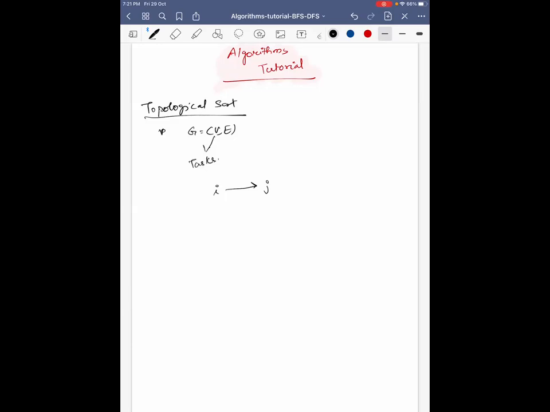Now, first of all, tell me, suppose G is a DAG. Will G contain a vertex of in degree 0? Yes, sir.